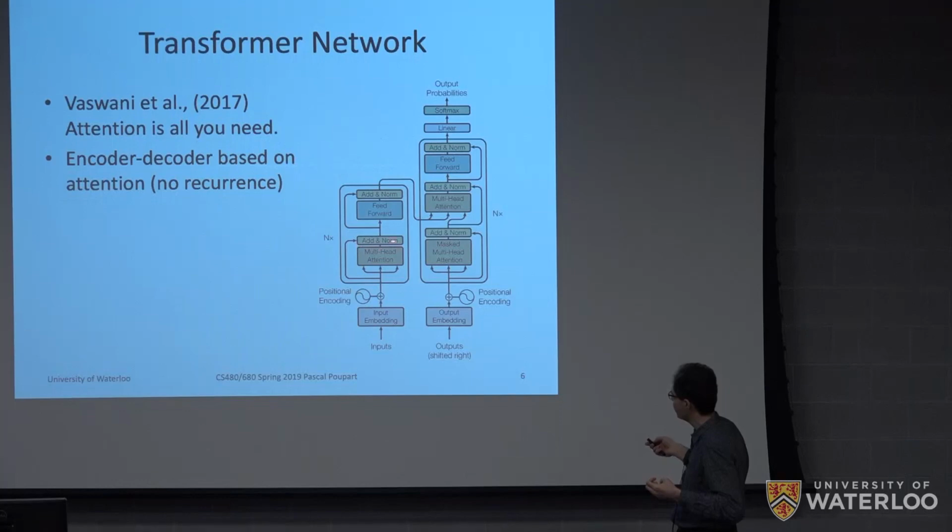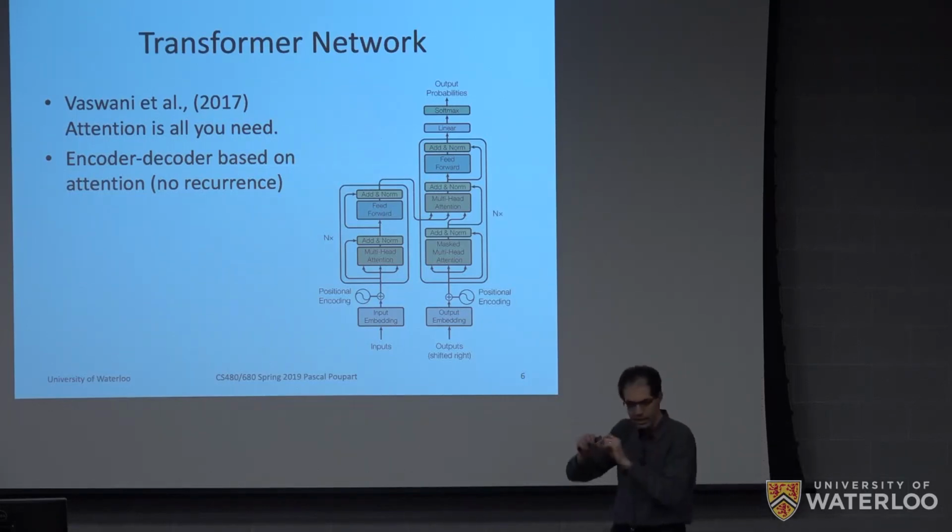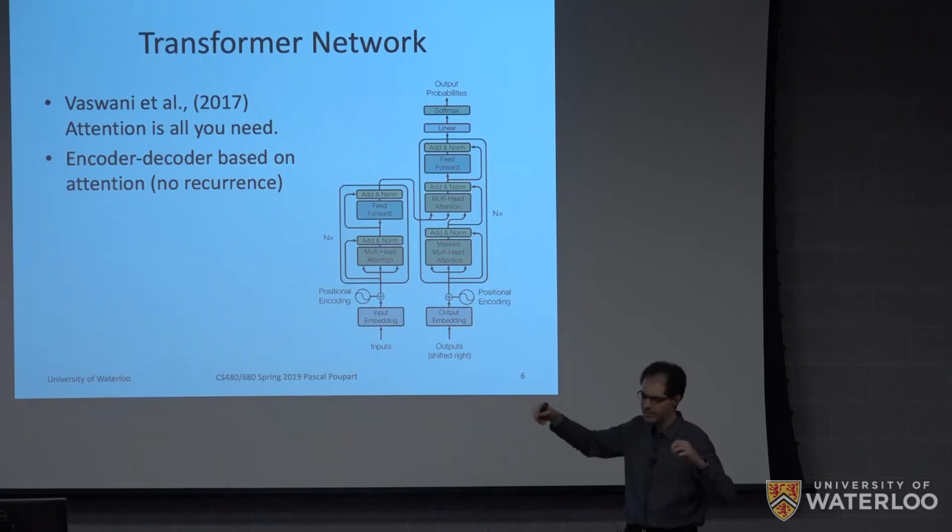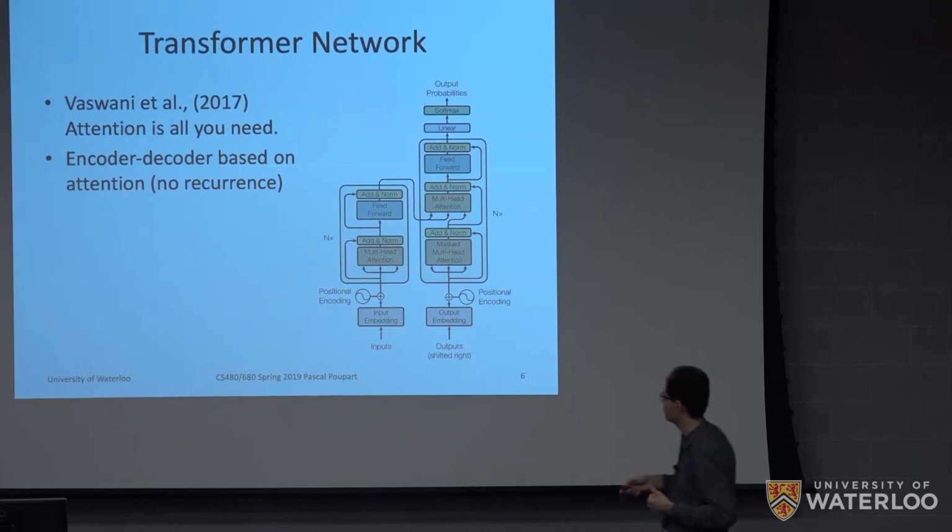Then we have on top here another layer that's called add and norm. This is essentially adding a residual connection that takes the original input to what comes out of the multi-head attention, and then it normalizes this. So here norm is essentially a layer normalization. We'll come back to this in a second, but it essentially means that we take all of our entries and then we normalize them to have zero mean as well as variance 1.